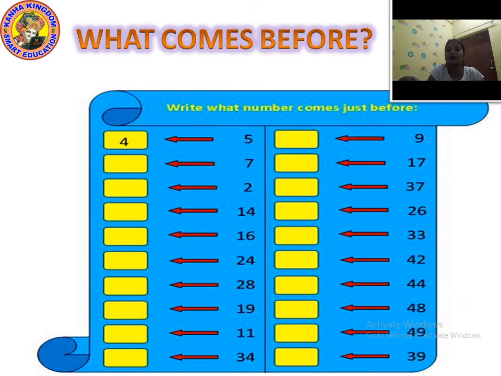Okay. Now the next number is 28. Let's find out what comes before 28. Let's start counting from 21. 21, 22, 23, 24, 25, 26, 27, 28.